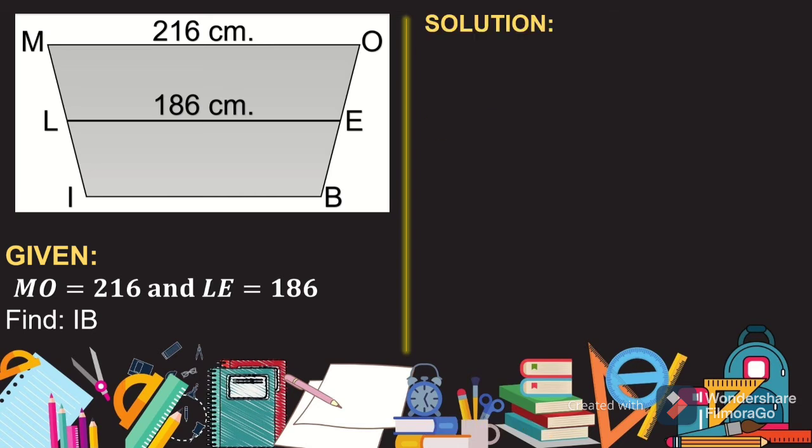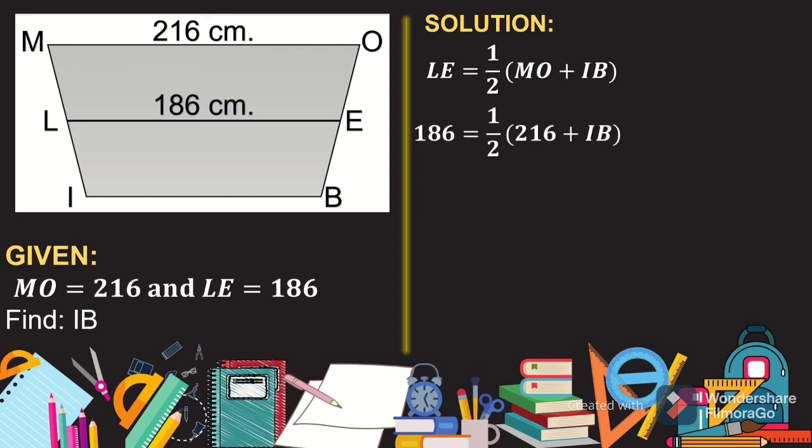For the solution, we still use the same formula. We have line LE, or the midline, is equal to 1/2 of the sum of MO plus IB. By substituting, LE is equal to 186 and MO is equal to 216, it will become 186 is equal to 1/2 times 216 plus the unknown, which is IB.